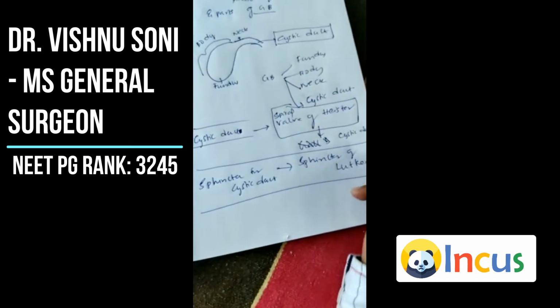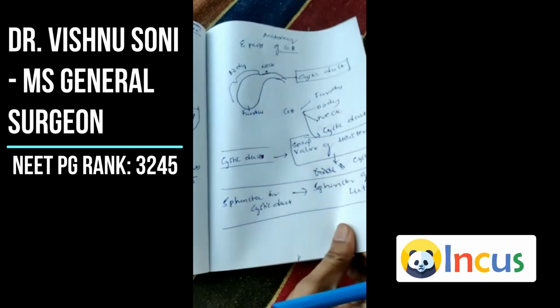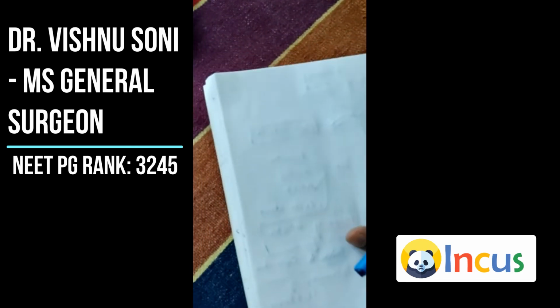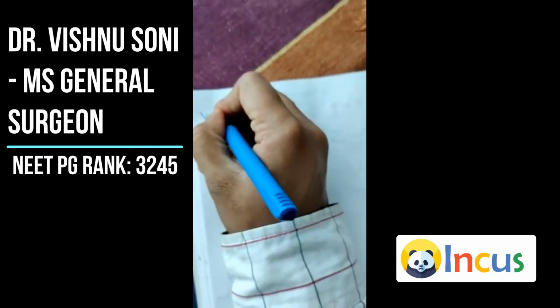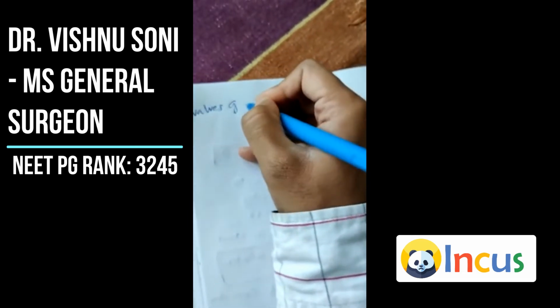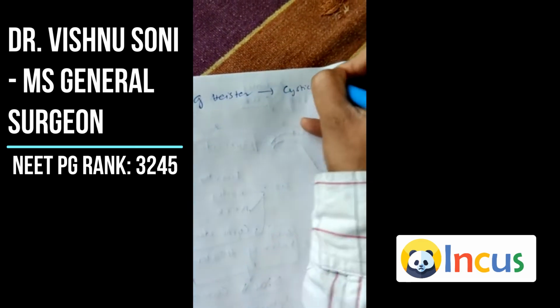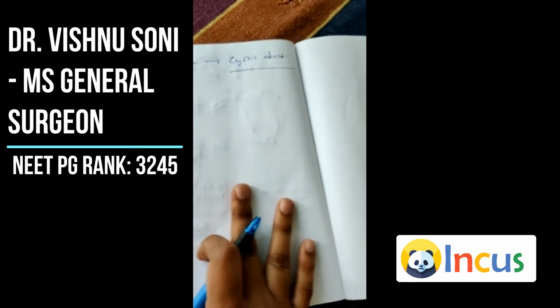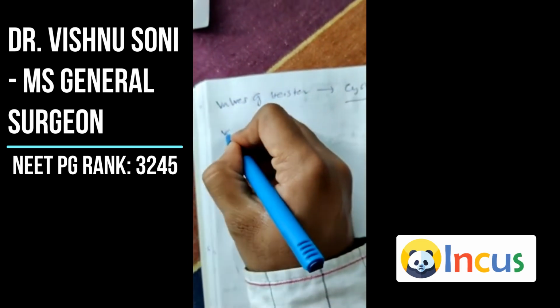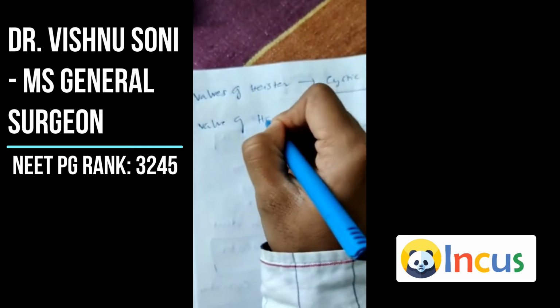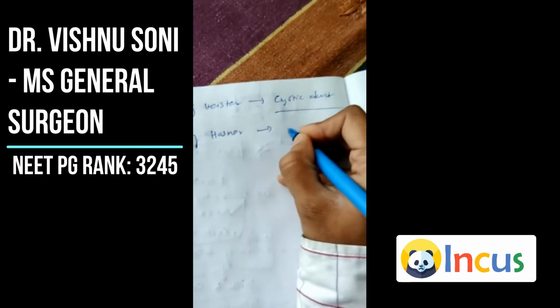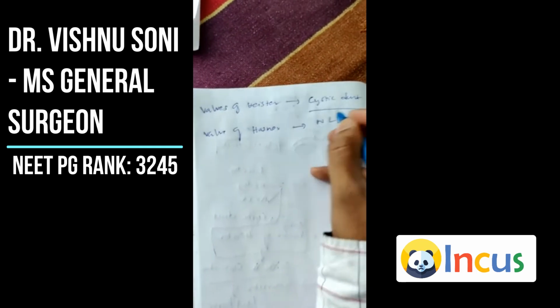Here the additional point is I want to tell you about different valves. Just now we have discussed that the valve of Heister is present in the cystic duct. Next, the valve of Hasner is present in the nasolacrimal duct.